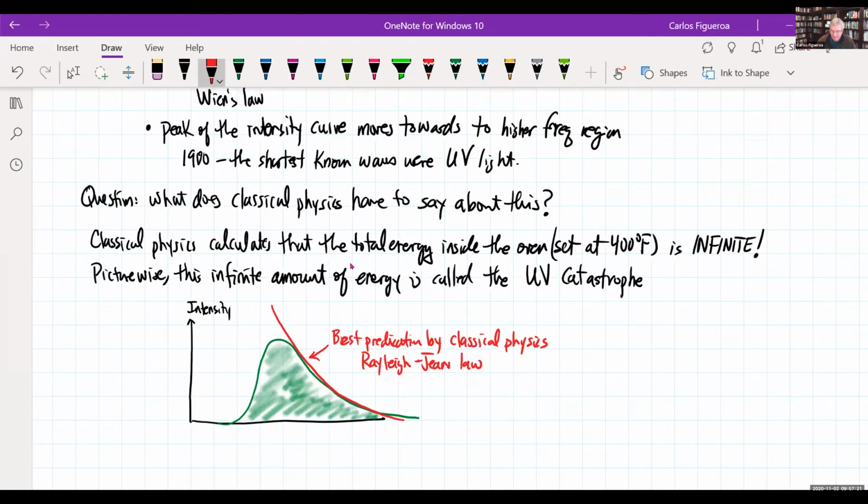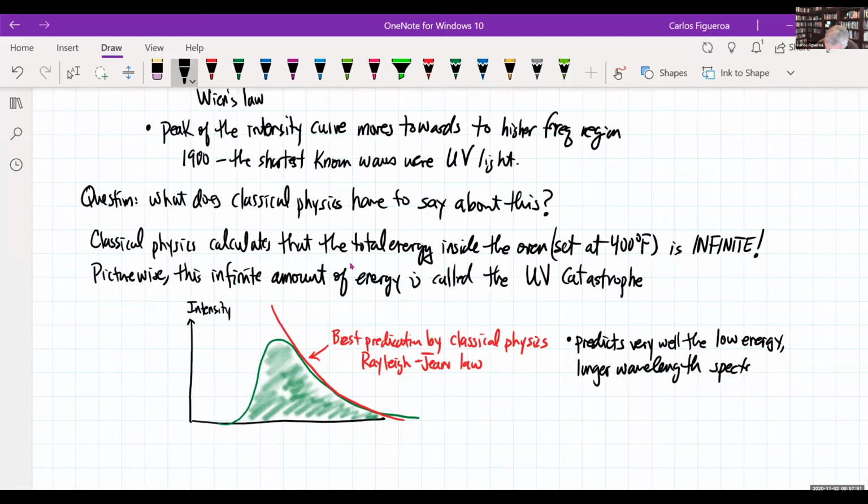What you're seeing is a couple of things here. It predicts very well the low energy or long wavelength spectrum. So it does really good down here, but it fails miserably here.